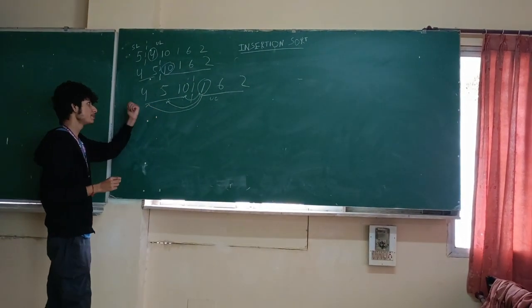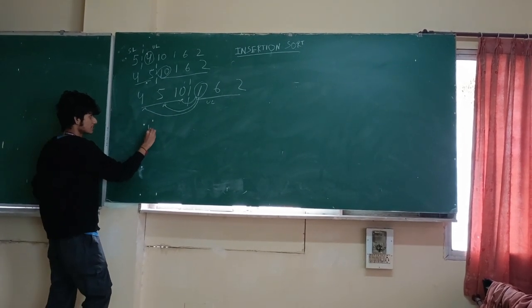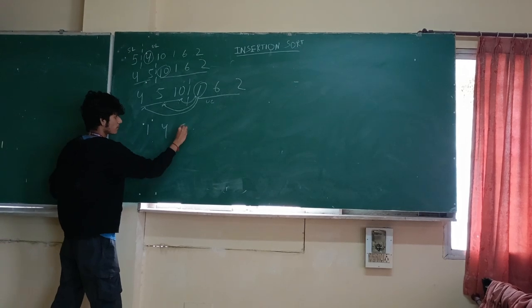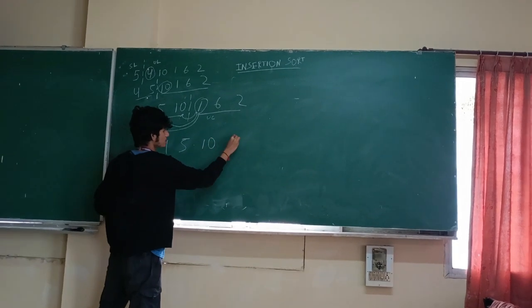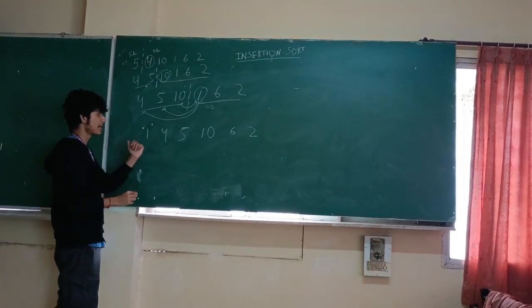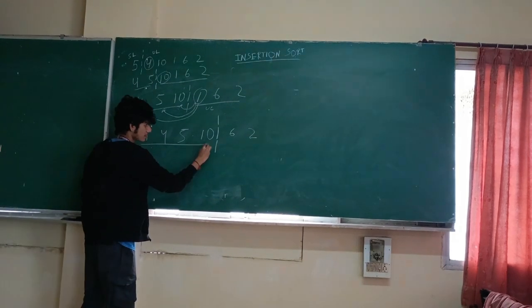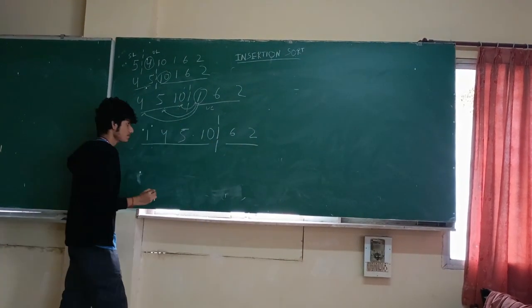So its position should be before 4. So we will shift all the elements by one position. So first 1, 4, 5, 10, 6, 2. Now 1 has also become part of the sorted list. This is the sorted list and this is the unsorted list.